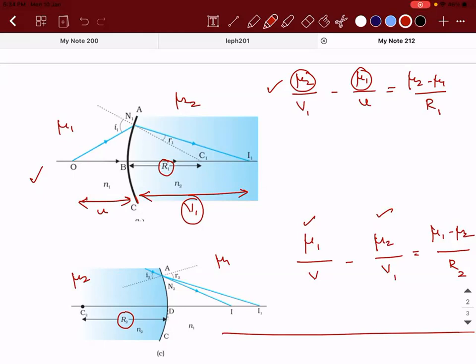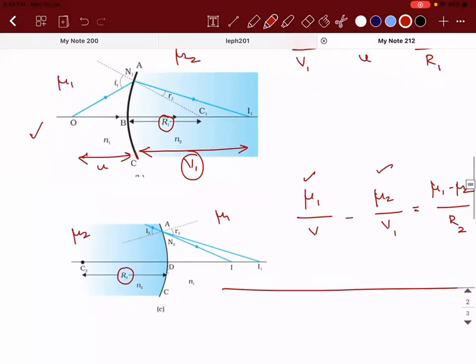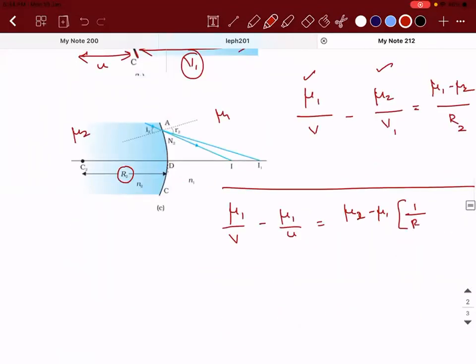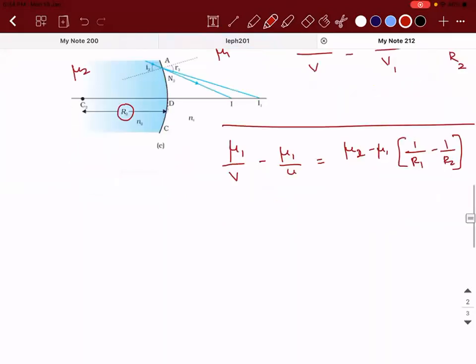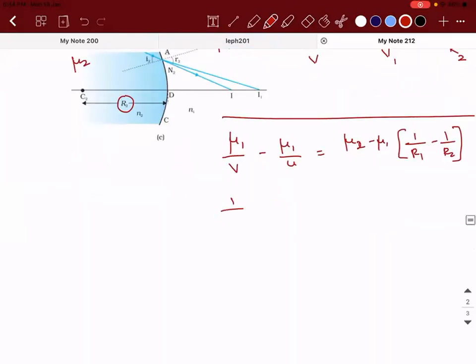Now tell me, what should I do to both? When I add them, I get mu1 by V minus mu1 by U is equal to mu2 minus mu1 into 1 by R1 minus 1 by R2. So if I take out mu1 common, I get 1 by V minus 1 by U is equal to mu2 minus mu1 divided by mu1 into 1 by R1 minus 1 by R2.